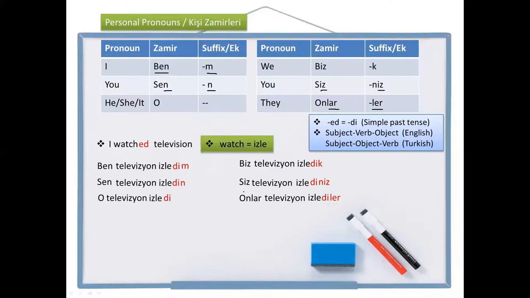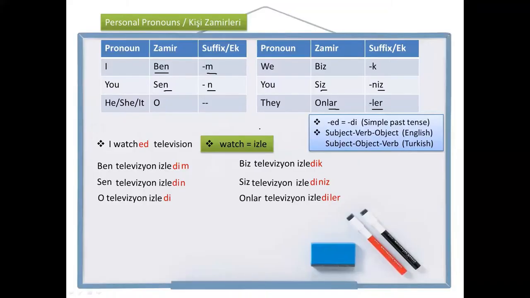So when I write onlar, in the end of the sentence, I take this lar and put it in the end as ler or lar, according to vowel harmony, which you will learn soon. So the pronouns have clues of what suffix you are going to add in the end.